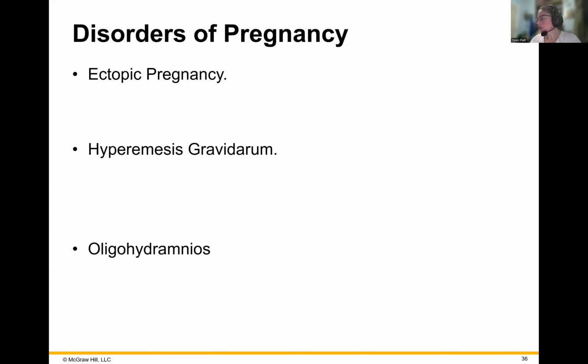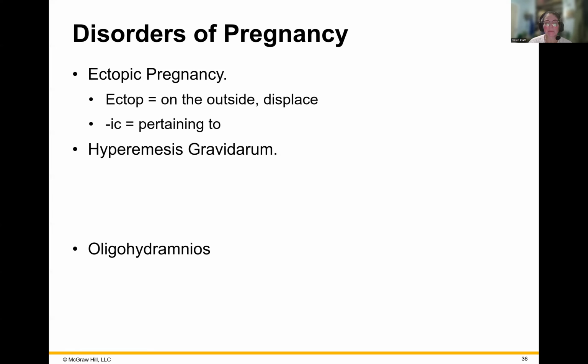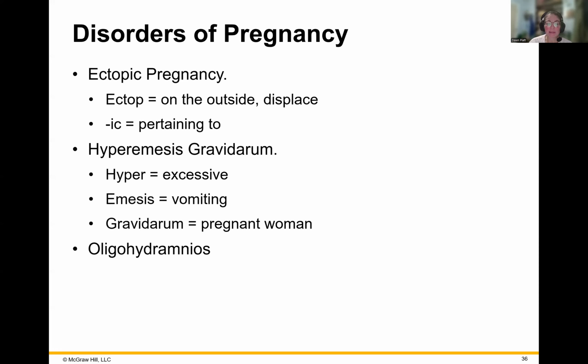Then we come into disorders of the pregnancy and childbirth, and now we jump to page 237. So there's an ectopic pregnancy, hyperemesis gravidarum, and oligohydramnios.